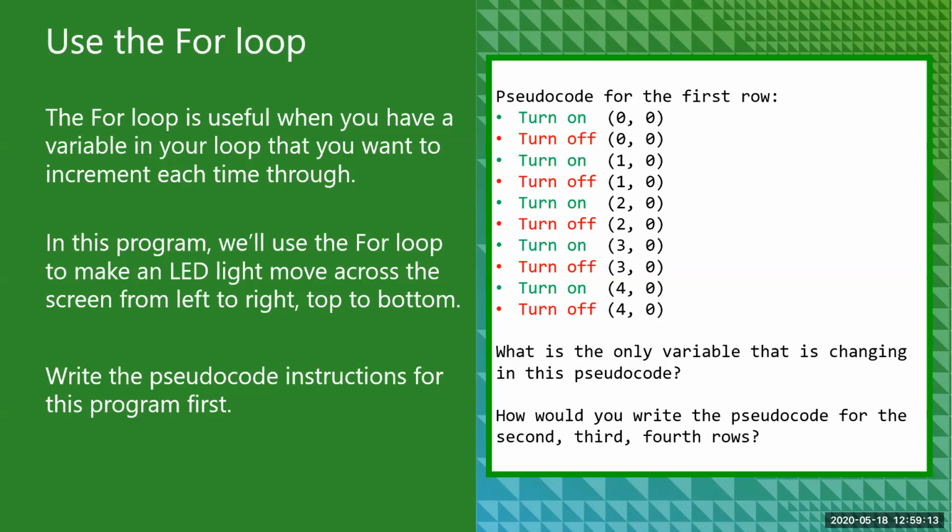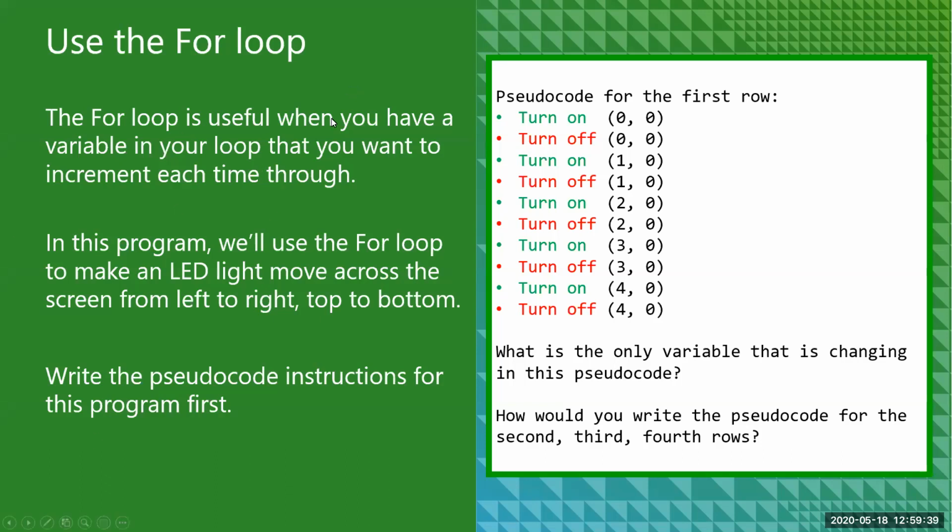So in this case, we are going to use it to move that sprite around the screen, but we're going to have it go across the top row, then the second row, then the third row, then the fourth row. And that's a little harder to do with just a standard repeat block. So in this case, we're going to use a for loop.